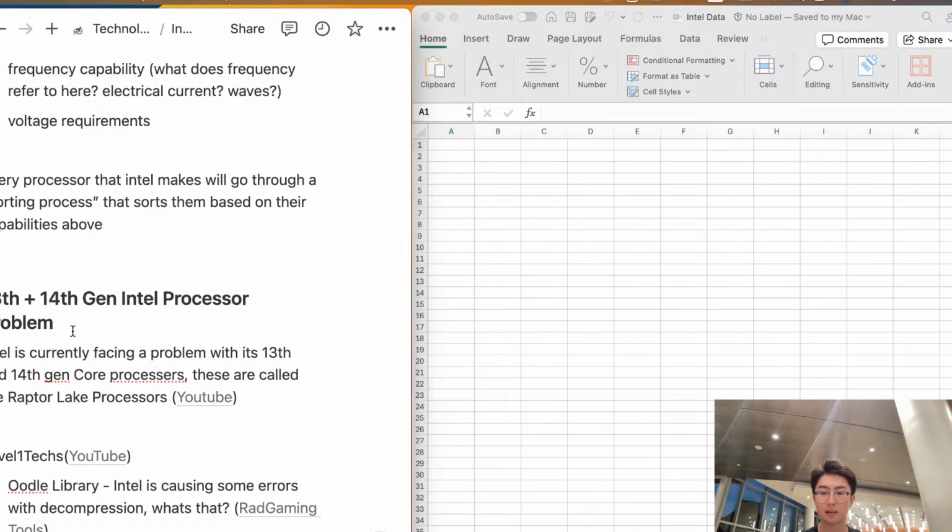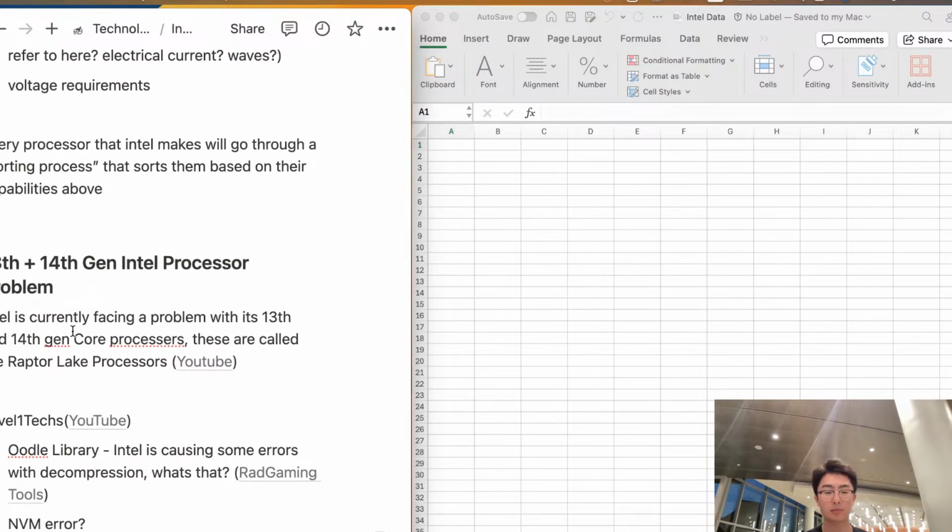And then this kind of leads us to a recent problem that's been going on. So with the 13th and 14th gen Intel processors, I think these are maybe the previous generation. I think the 15th gen is probably the most up to date. Well, let me double check. Most recent Intel Core.